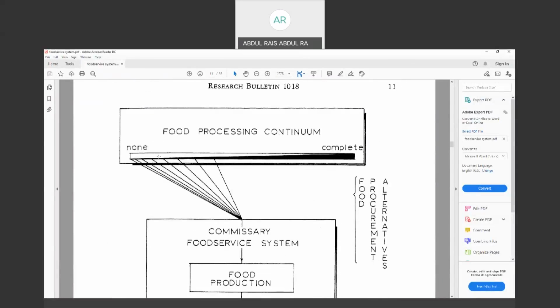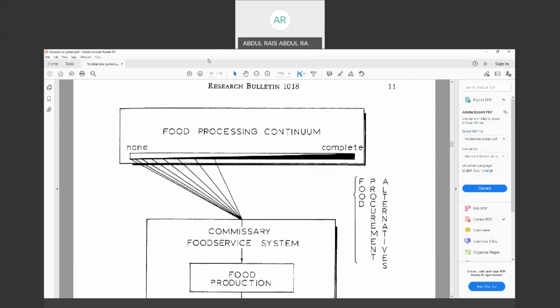Tengok, dia kata food is purchased near to the non-end of the spectrum, meaning commissary ataupun centralized food service ni biasanya favor makanan yang mentah, sebab selalunya makanan yang mentah ataupun unprocessed food, uncooked food biasanya lagi murah as compared to food yang separa masak, 3/4 masak ataupun dah 100% masak. Okay? So itu jenis makanan ingredient yang centralized food service tu gunalah.